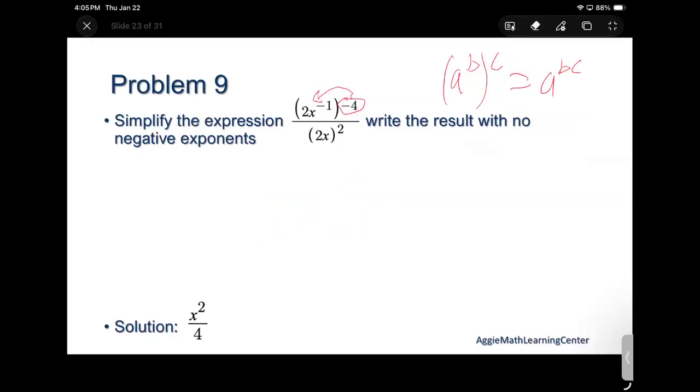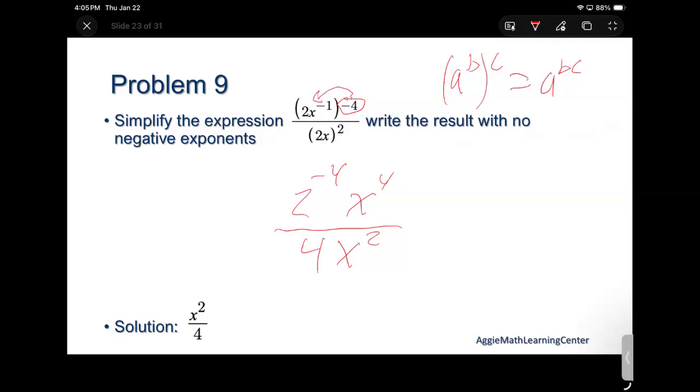Okay, so we had our 2 to the negative 4, x to the 4. And then we had 4x squared. Okay, we have an x to the 4 on top and an x to the 2 on the bottom. How does that simplify? In other words, we have x times x times x times x divided by x times x.